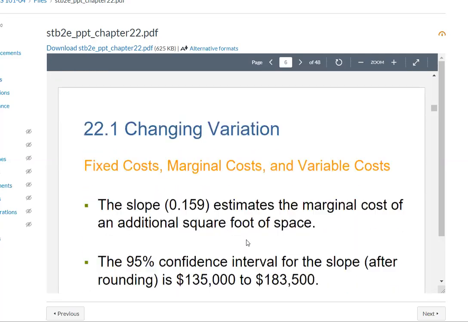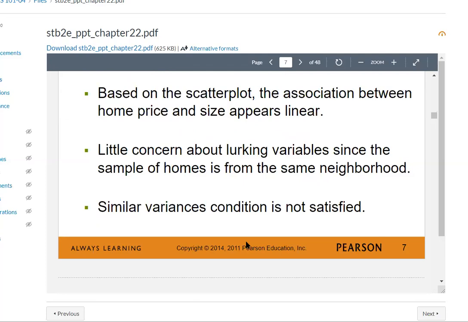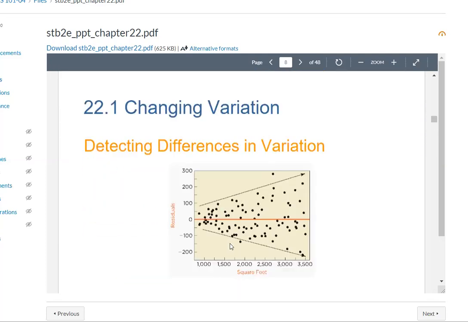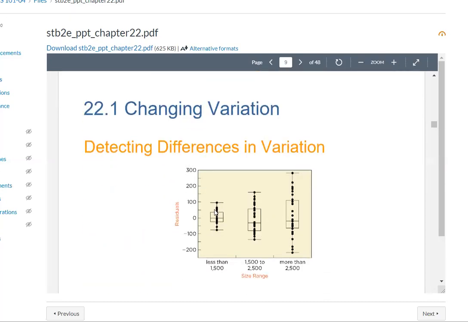And then later, if you remember, we learned that by checking whether those conditions are satisfied, using a residual scatter plot, we can see that we don't have similar variances. Another way of checking it is using box plots with groups of data.